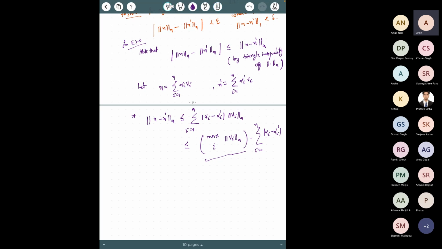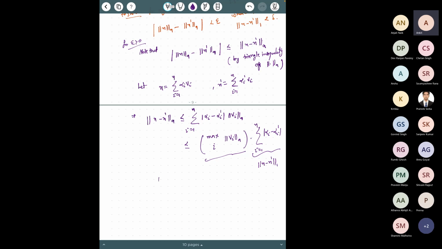And what is this one? Can you tell me the next quantity here? What is this? This is just the one norm of x minus x dash, right?